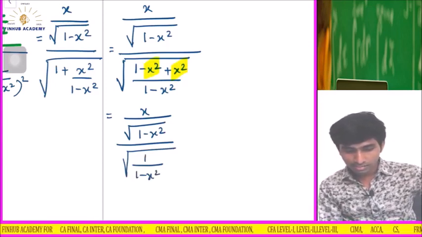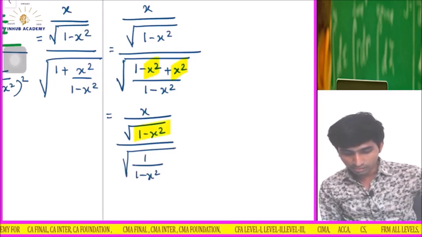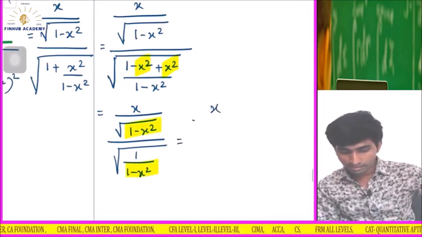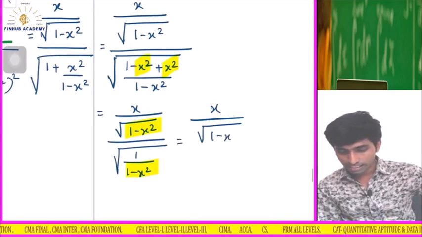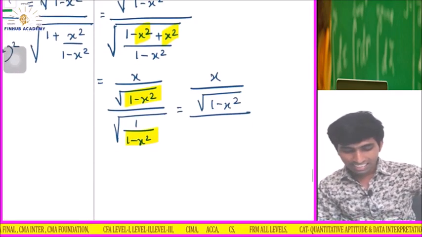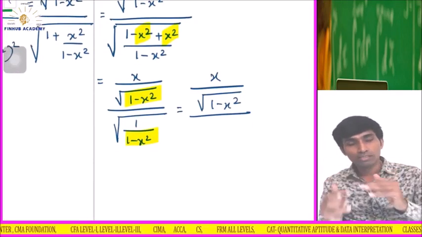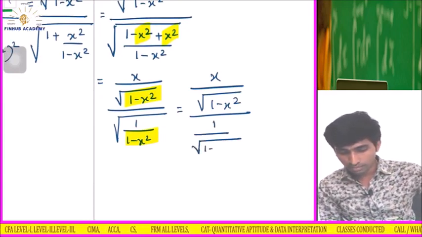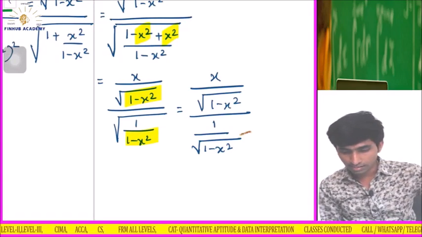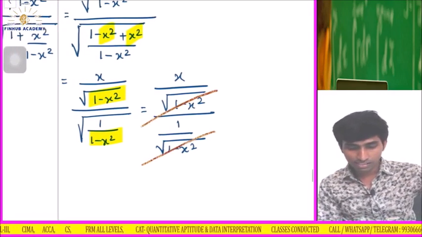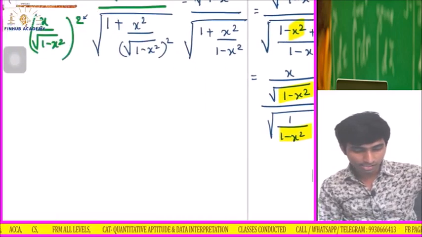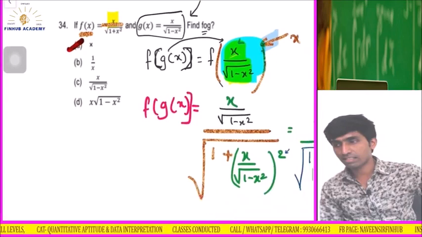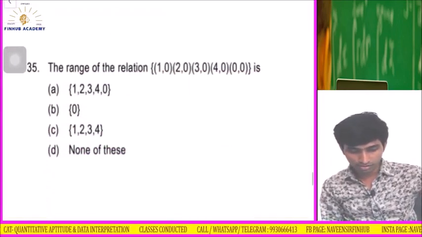Can you see this, this is common here in the numerator as well as in the denominator. So how I will write, x upon under root 1 minus x square, the whole divided by, I can split the roots in the denominator, that is root 1 is 1 upon under root 1 minus x square, so this gets cancelled. So what is left is x upon 1, that is x. After doing so many things, what I have got, x, A is the answer, easy, understood, fine, good, great.